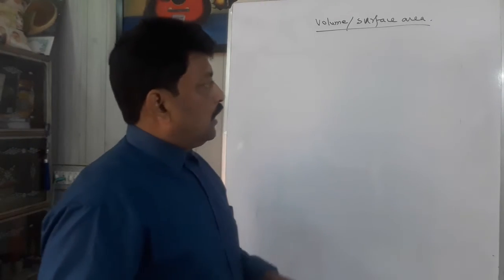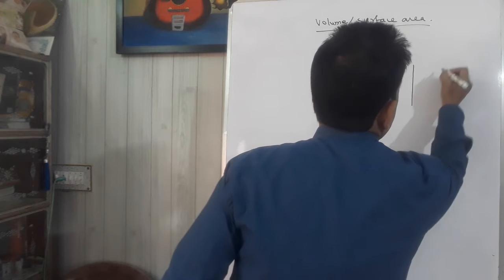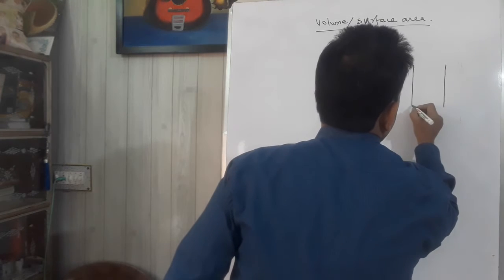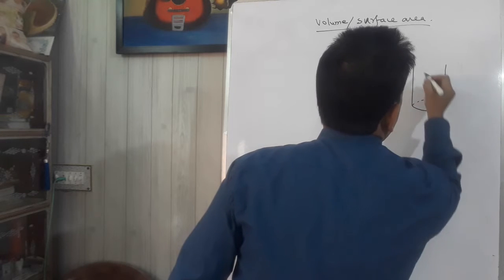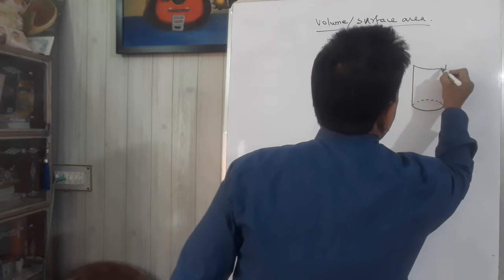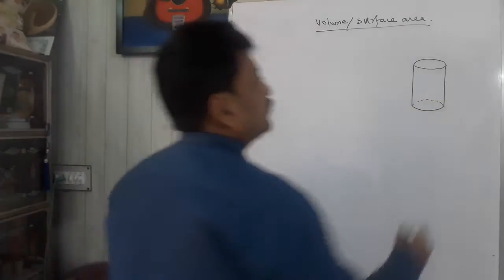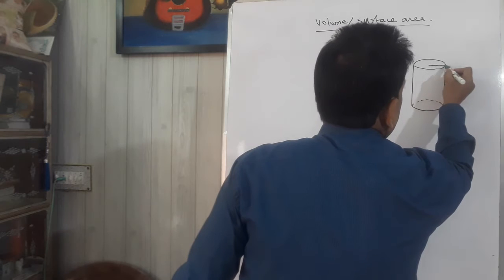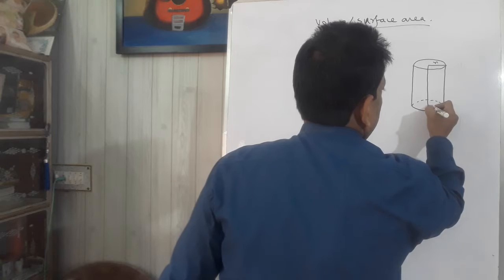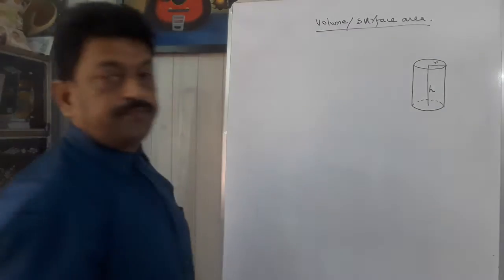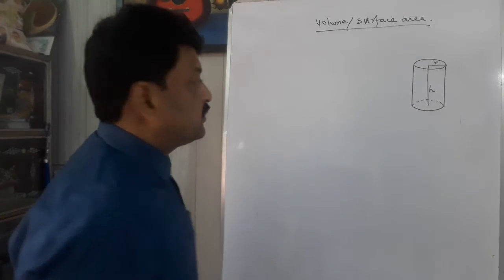Next thing, cylinder. So in a cylinder, suppose R is the radius and H is the height of the cylinder.